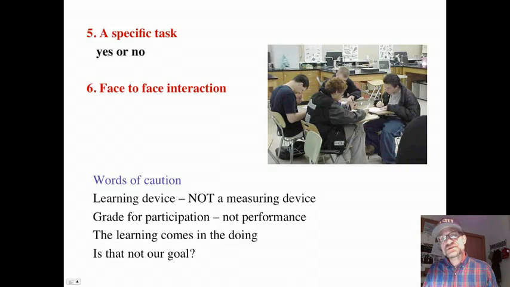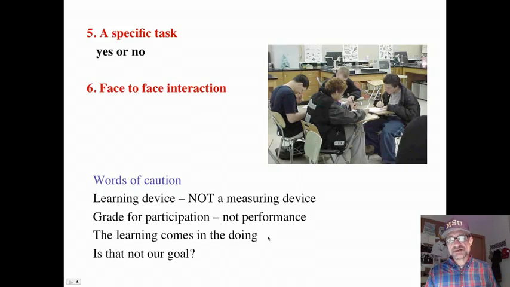If you have to grade, grade for performance. In my classes, if I use it in my undergraduate class, they get 10 points for the semester for their performance in cooperative learning groups. Pretty easy to get. If they're not performing, well, then they slowly lose points. Remember, learning comes in the doing.